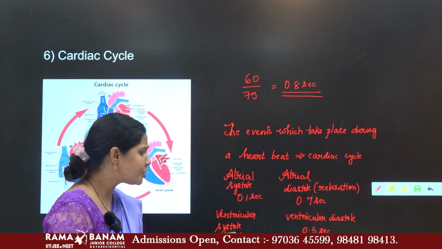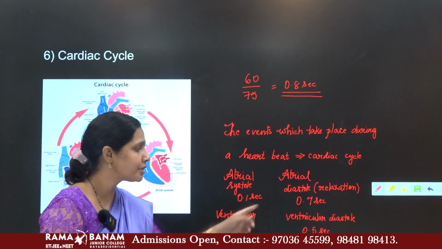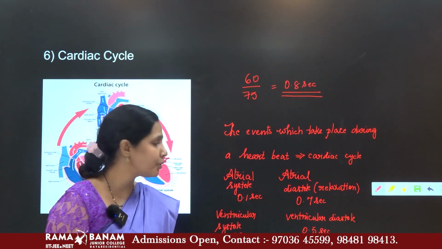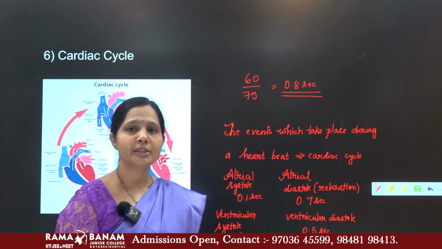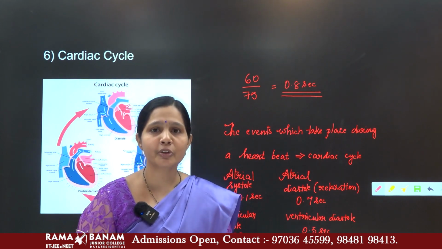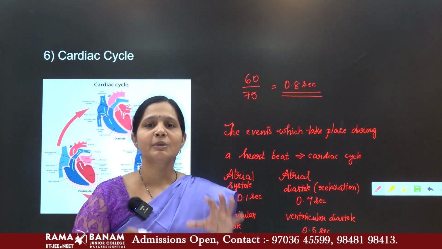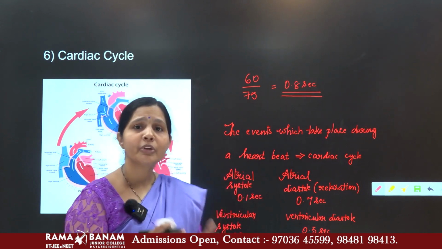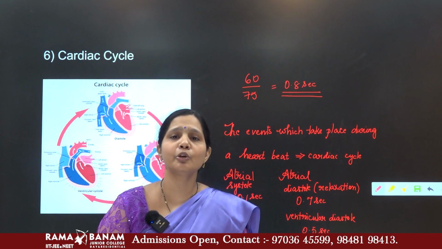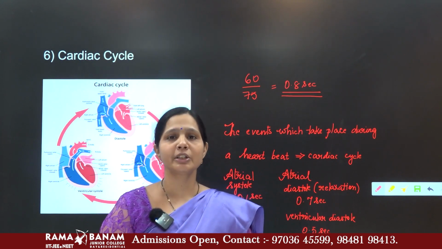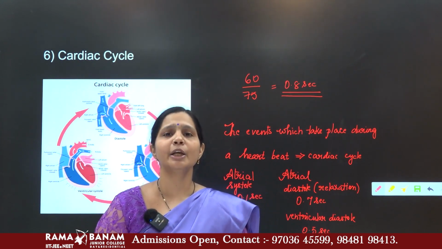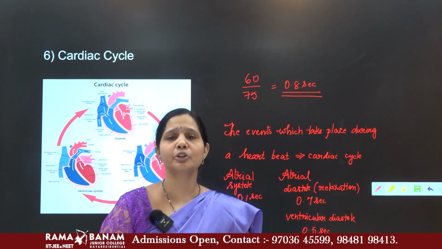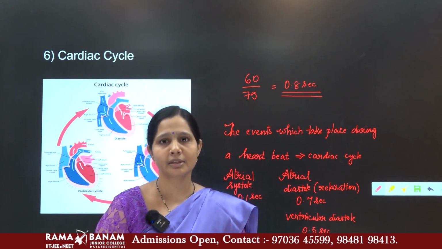So the ventricular systole lasts for 0.3 seconds and the ventricular diastole lasts for 0.5 seconds. During this process, the blood is pumped into their respective parts with the help of the sinoatrial node and atrioventricular node that generate the action potentials, enabling the atria and ventricles to contract and relax, right.